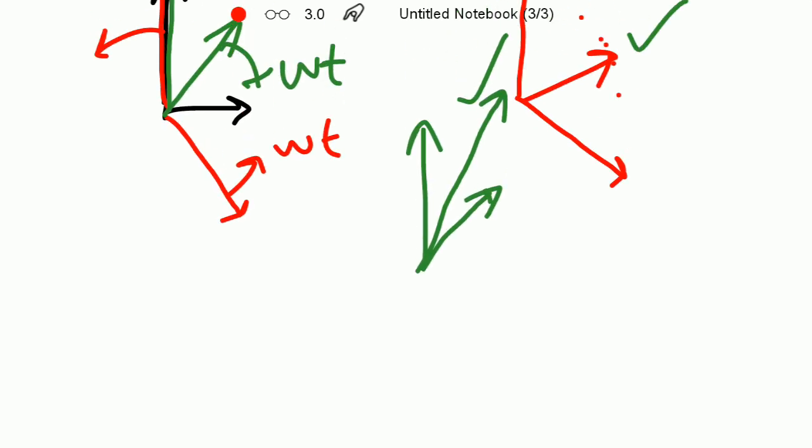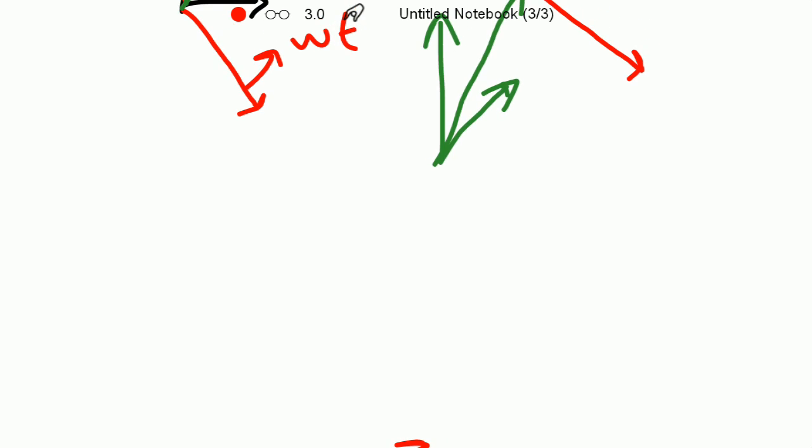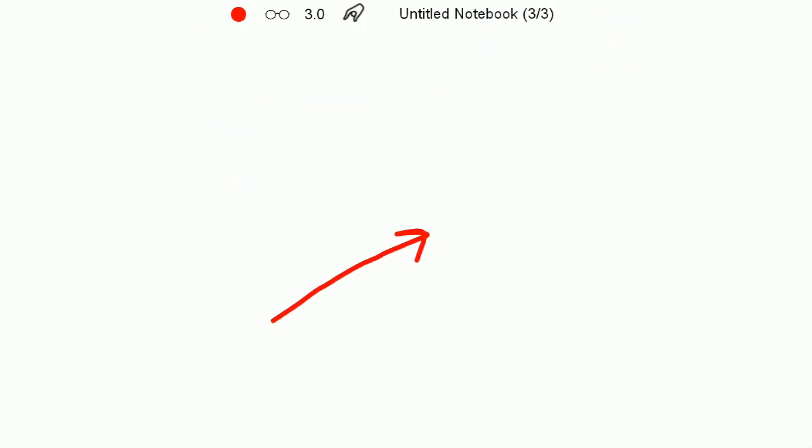Now if you observe, one of my fields is in this direction, and the other one is a little bit up.